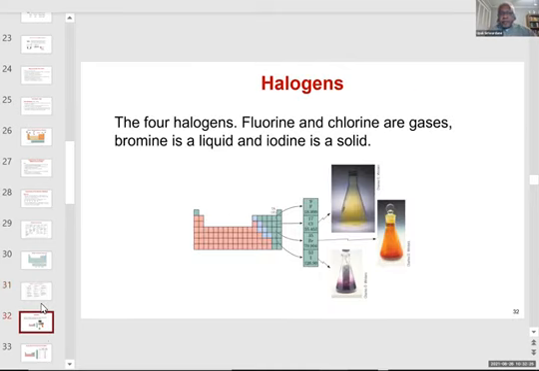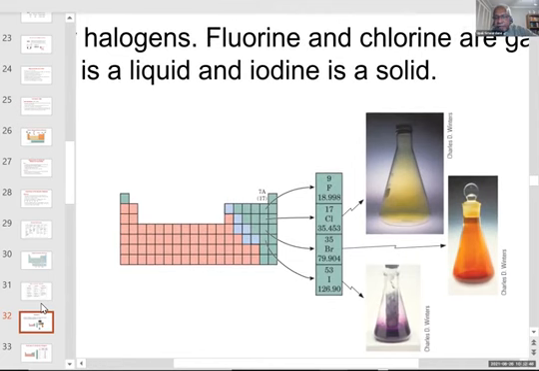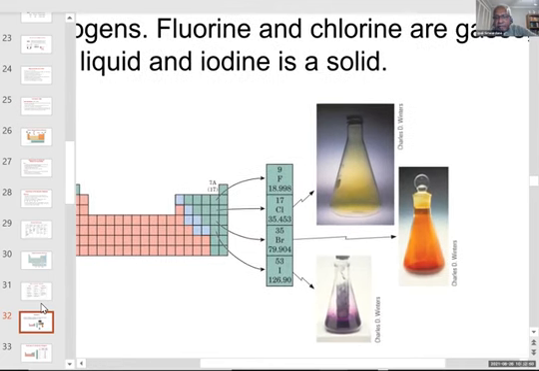So halogens: if you look at group 17, which is called the halogen group, there are four elements called halogens: fluorine, chlorine, bromine, iodine. Fluorine exists as a gas.